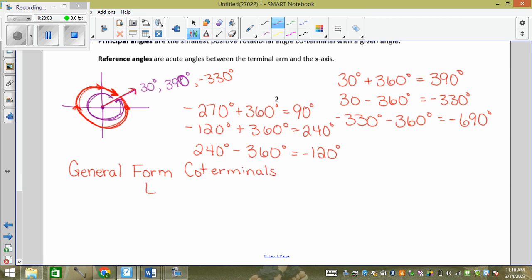Well, you use the principal angle plus 360 degrees n, n is an element of the integers. And I'll explain what the heck that is in a second.